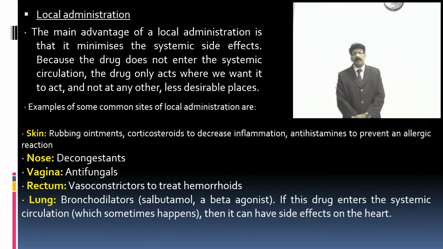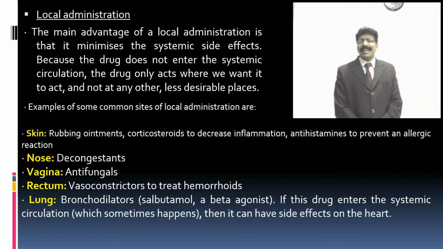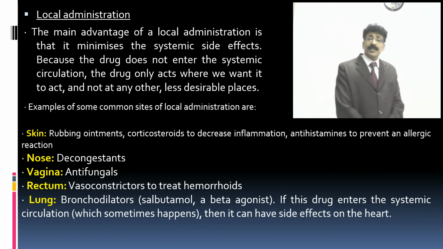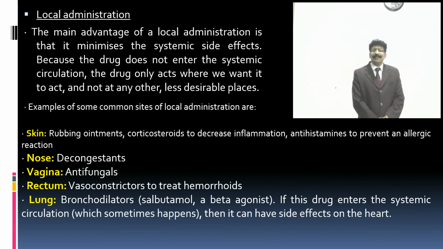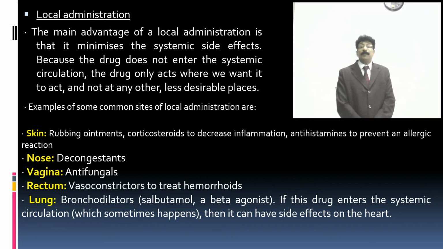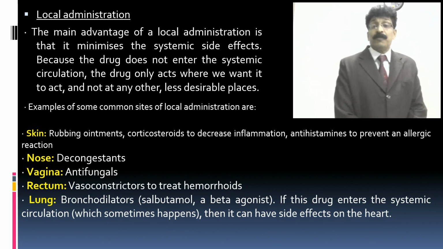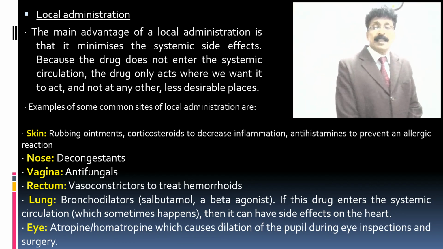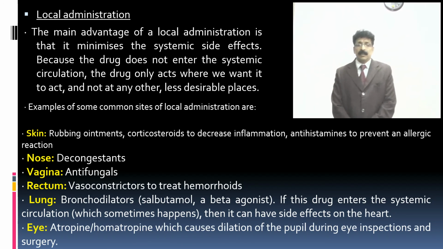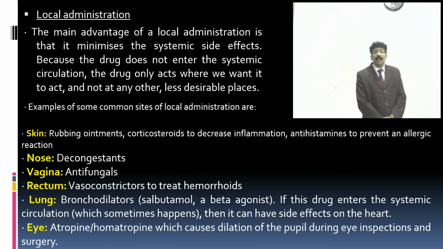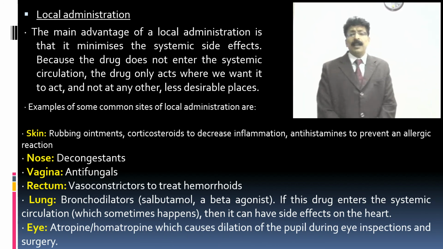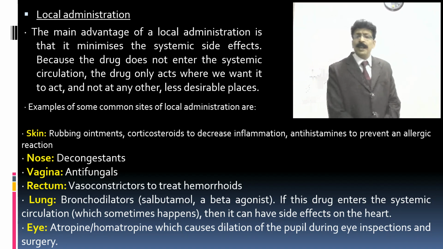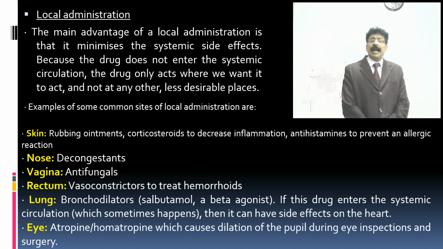If this drug enters the systemic circulation, which sometimes happens, it can produce side effects, for example palpitations may increase with salbutamol overdosage when it enters the systemic circulation. Atropine and homatropine cause dilation of the pupil during eye inspection and surgery.